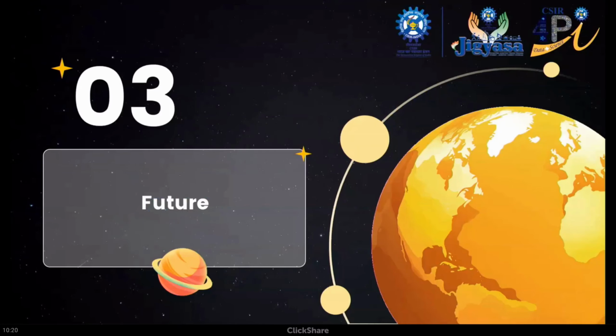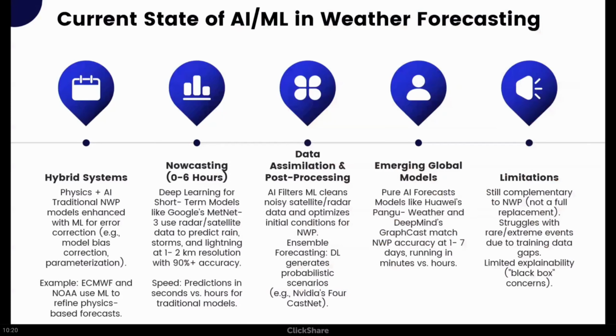So now we'll be looking at the future, and the future means the augmentation of artificial intelligence as well as machine learning in weather forecasting. Currently there are some physics-enabled AI tools which help NWP models to enhance their prediction capabilities. And nowadays ML is generally being used for model bias correction or parameterization.